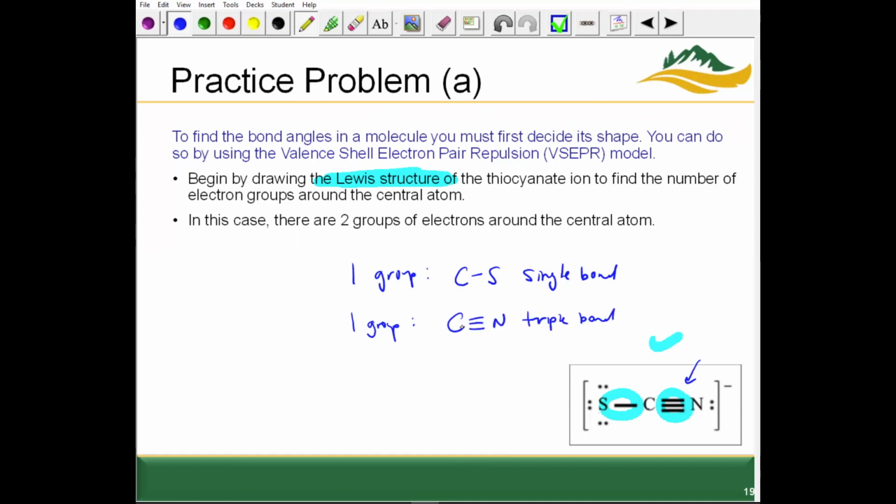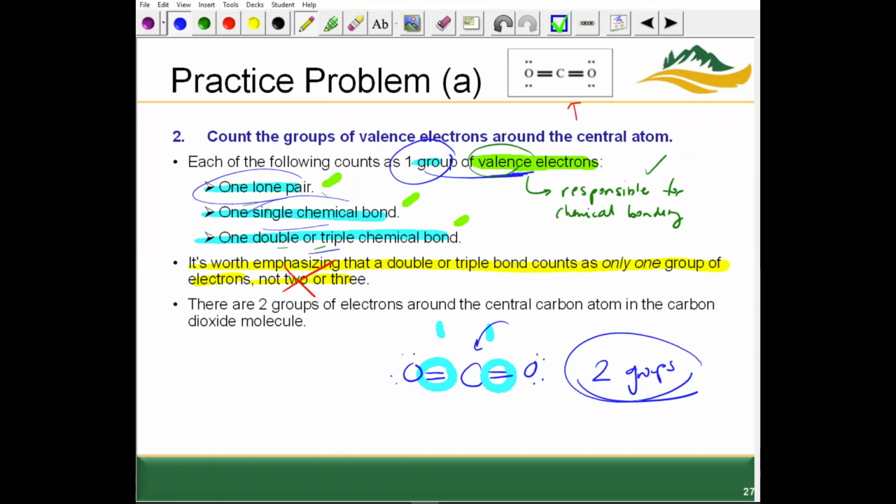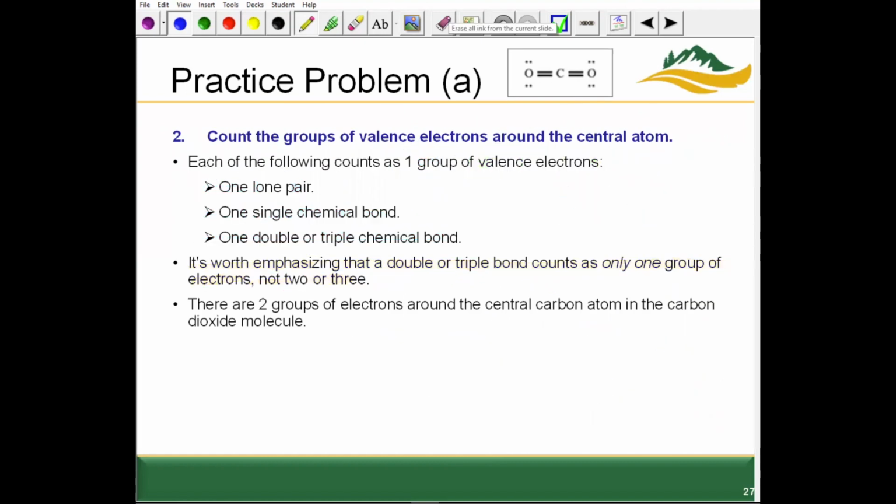So the carbon-nitrogen triple bond, that is also just 1 group, making this 2 groups total. The single bond is 1 group, the triple bond is the second group. So just emphasizing this again here, 1 group can be a lone pair, a single bond, or even just a triple bond or a double bond. Those all count as just 1 group apiece.